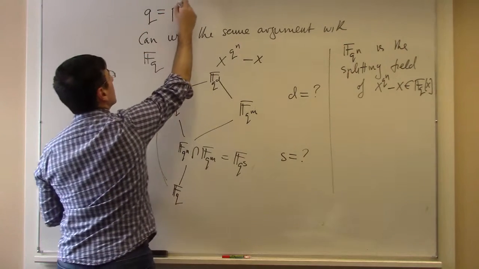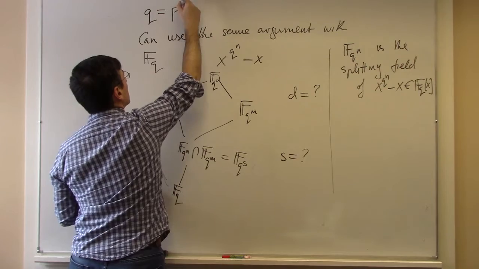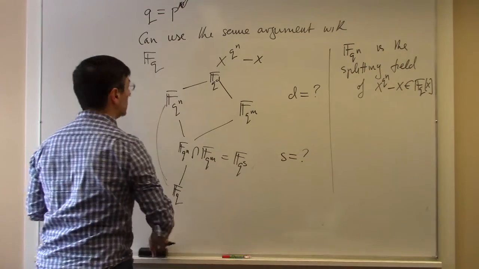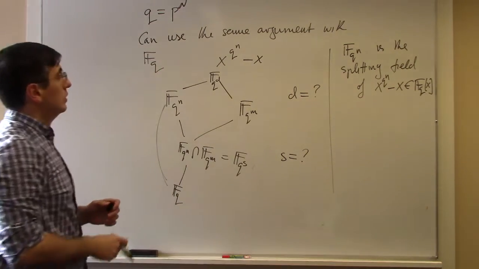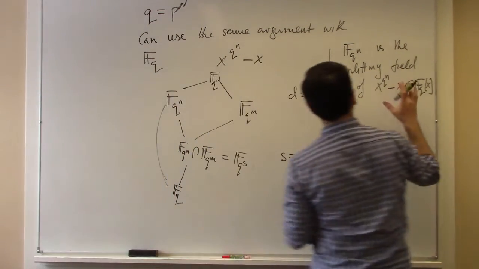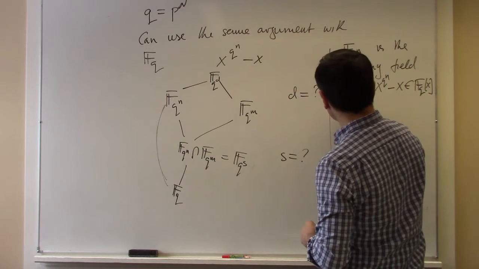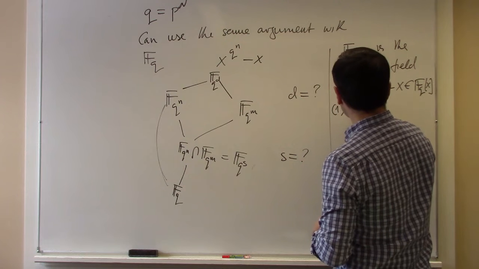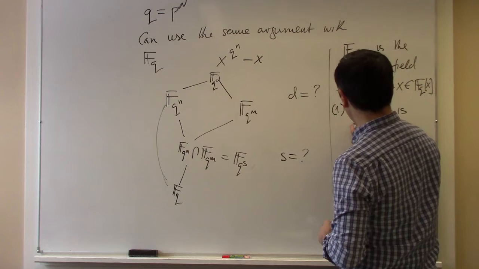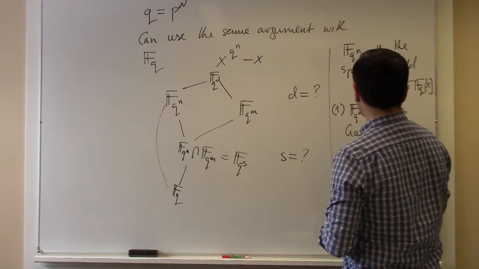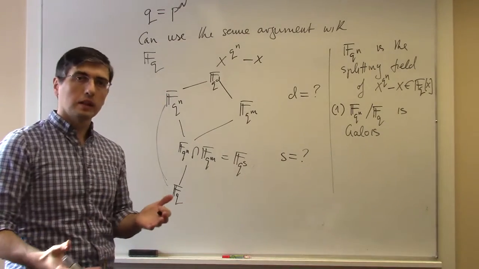Maybe I will change this to start with some power of p. Now, what is the conclusion? That this is the splitting field. Well, the conclusion is that F_{q^n} over F_q is Galois. So any extension of a finite field is automatically Galois.